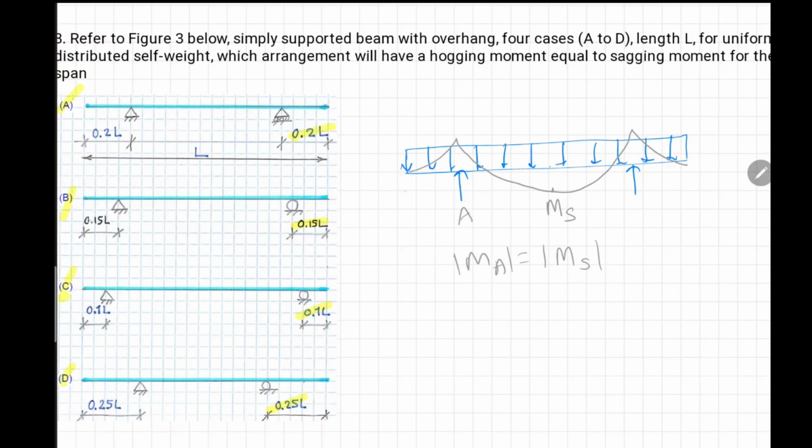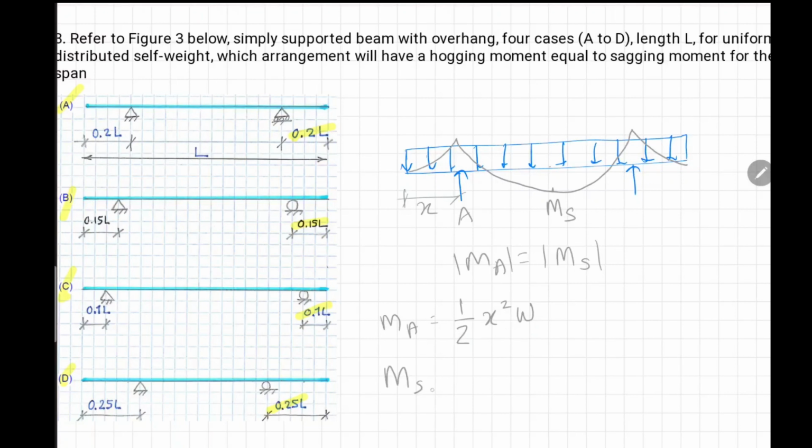So we can start by saying, if this is X, moment MA will be half X square W. The load is W into X at a distance X by 2, so it will become this.